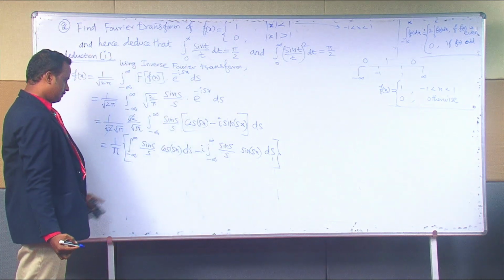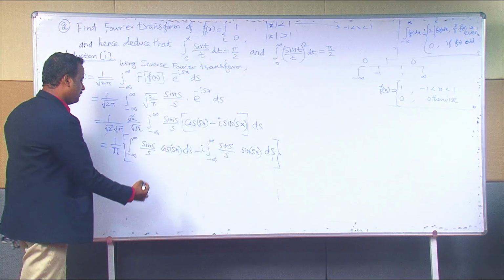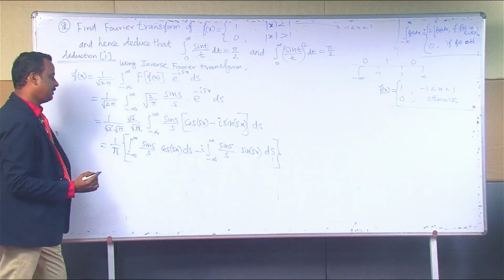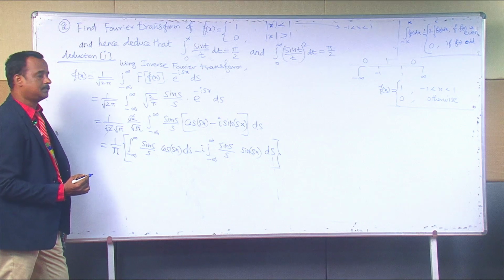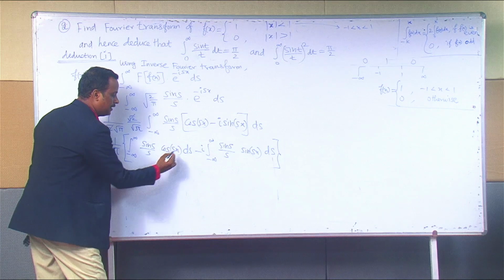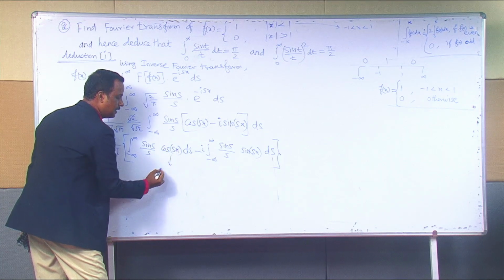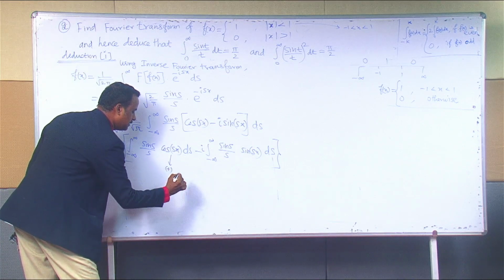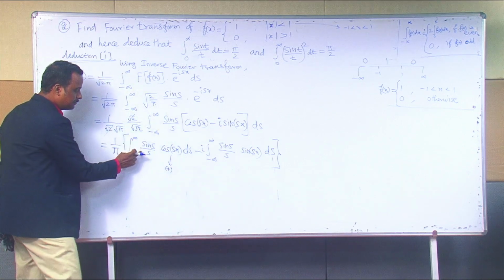So now we have to integrate. Before the integration we need to check whether there is a possibility to apply the even or odd concept. Cos theta is always an even function, therefore we can write it as plus here. What about sin s by s?